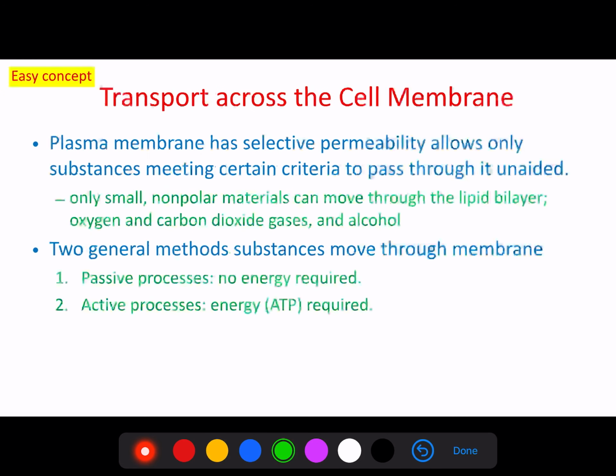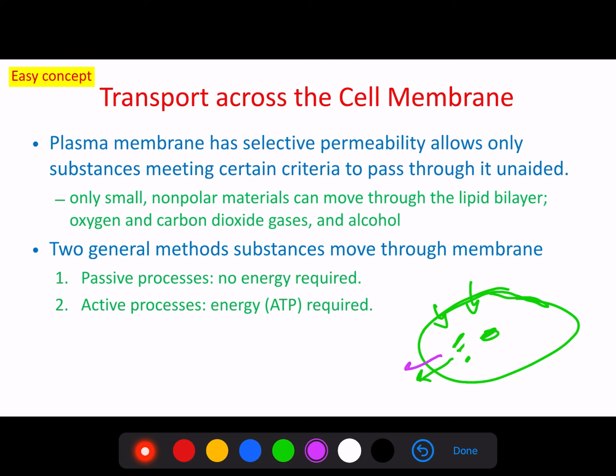Now, let's see the transport across the cell membrane. We said that one of the functions of the cell membrane is to form a barrier. And of course, we understand that the cell has to get food, for example, from outside. And processing the food would lead to waste, and this waste has to go outside the cell. So this process of transporting materials outside and inside happens across the plasma membrane.